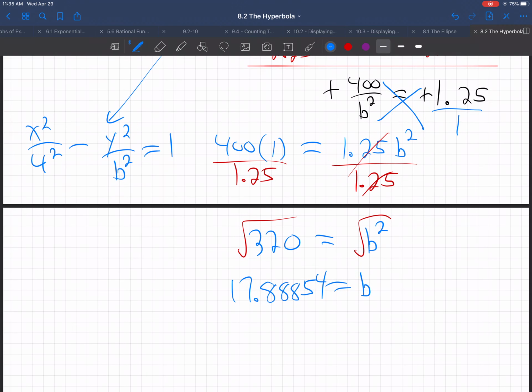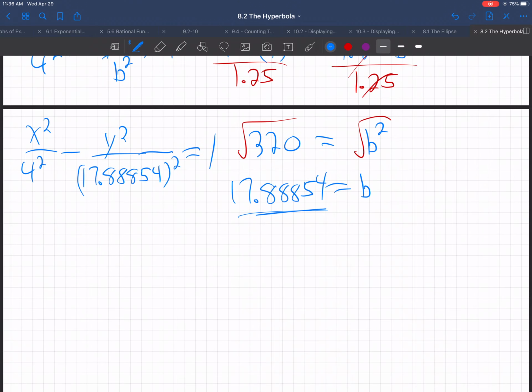Now we know b, 17.88854 squared, and then square those. That'll be x squared over 16 minus y squared over, square that, and you get 320, or really close to it, depending on how your accuracy is.